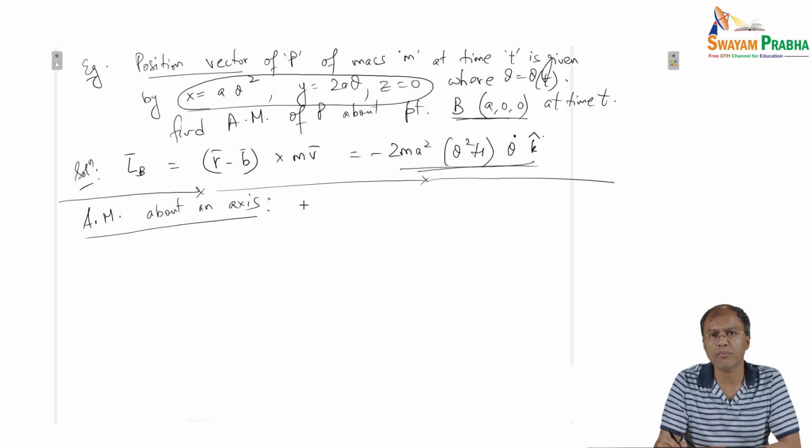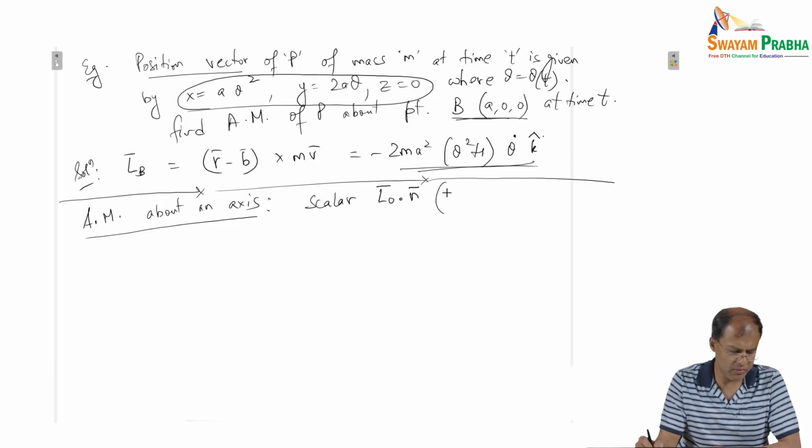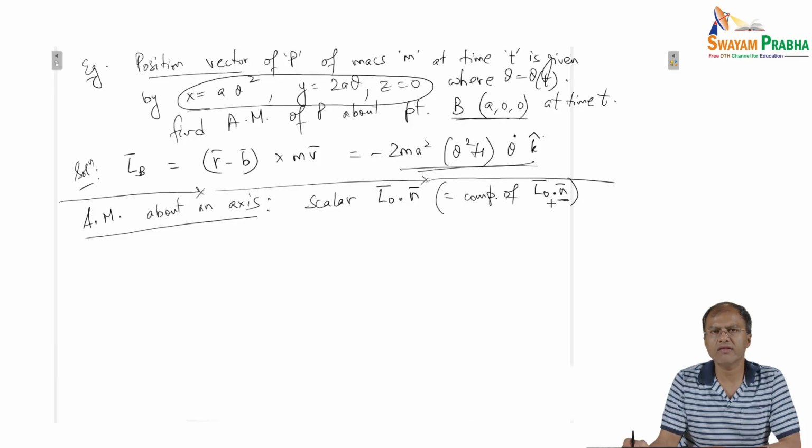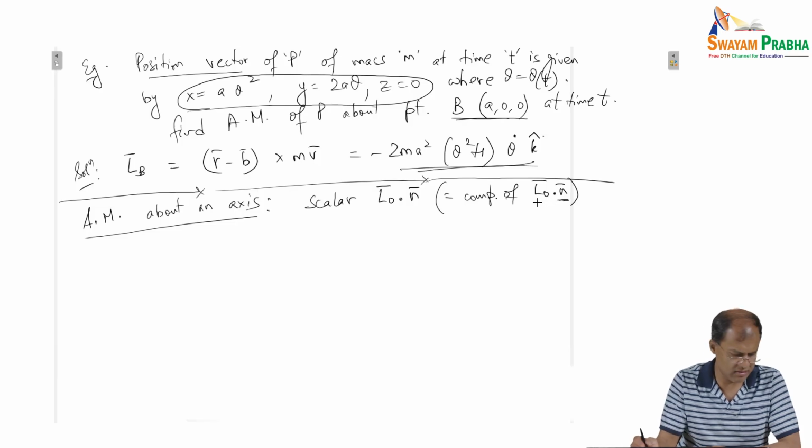As I just said, it's a projection, so it will be a scalar quantity. The scalar will be L_O dot n, the component of L_O along n, and again n is the rotational axis.